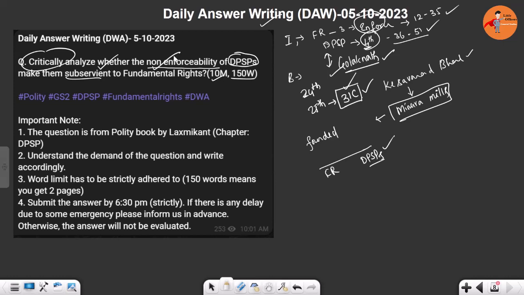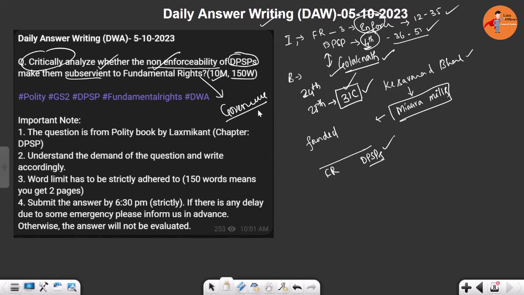Even though the directive principles are non-enforceable, the constitution itself put them in Part 4, plus constitutional status has been given. Plus, the framers of the constitution, the chairman of the drafting committee himself, B.R. Ambedkar, said they are very essential in the governance process.